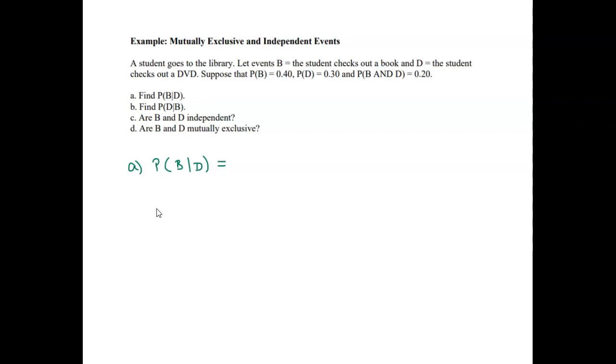The formula for a conditional probability is the probability of B and D happening divided by the probability of D. So on the bottom is the probability of the condition, right? So let's see, do I have all these? I do. So this is 0.20, this is 0.30, so this simplifies to 2/3.